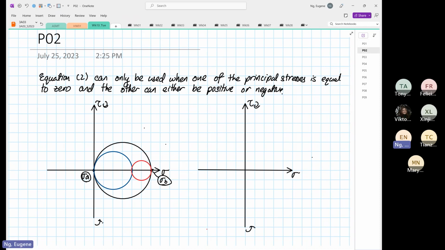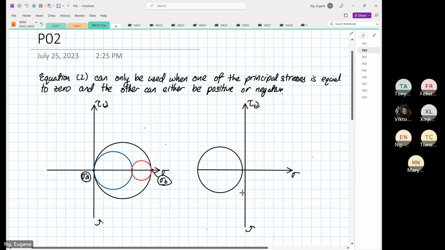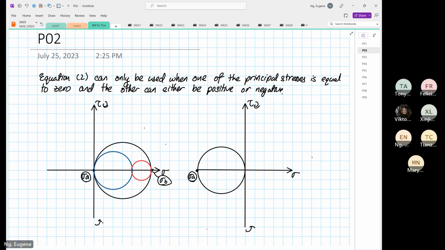Then this is where your stress A and stress B are. Over here, this is your stress A, and over here, this is your stress B. And then you have the other 2 circles, over here and another one.